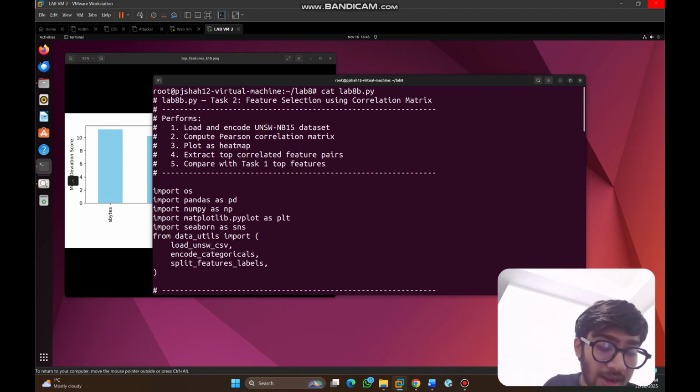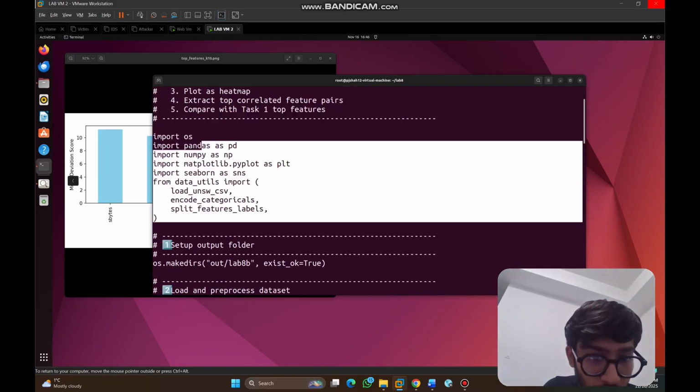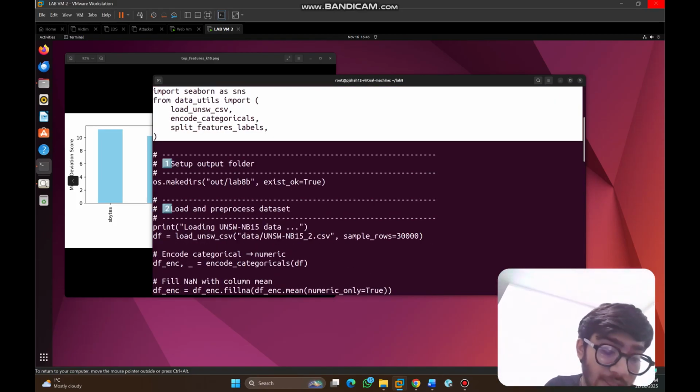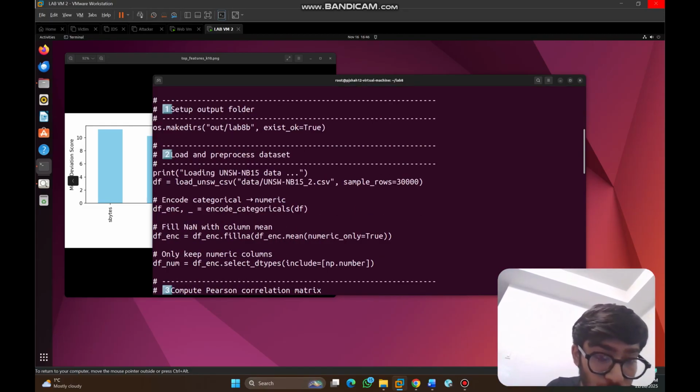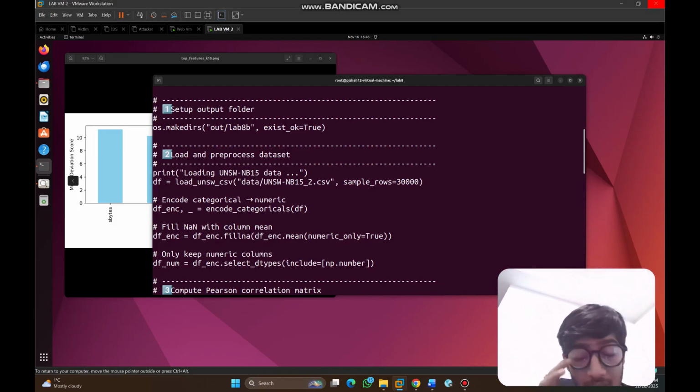It first loads and encodes the dataset, and then it keeps only the numeric columns. It uses Pearson correlation to compute a correlation matrix, and it also generates a heat map to visualize the relationships, and extracts the top 10 correlated feature pairs, and then compares these pairs with the K-means clustering features.